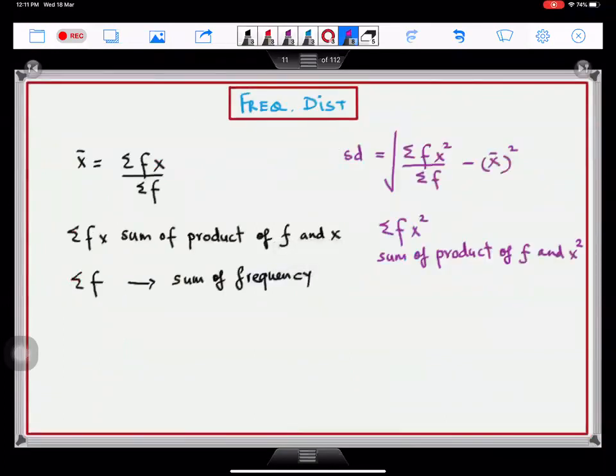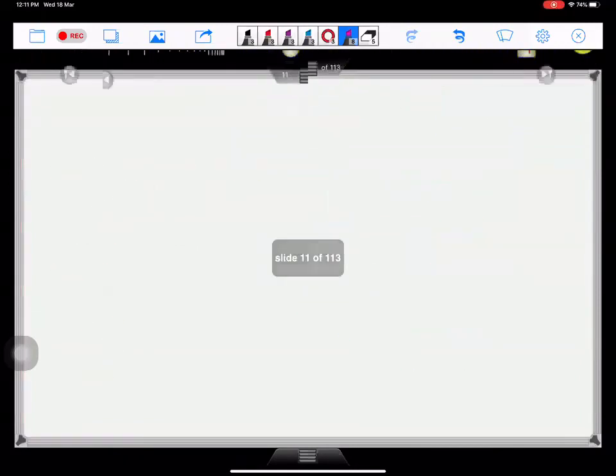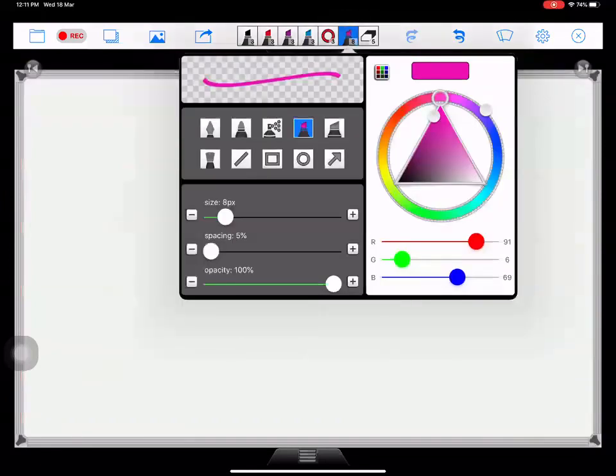Frequency distribution: mean is sigma fx over sigma f. Standard deviation: sigma fx square over sigma f, and so on. What is sigma fx square? The sum of the product of f and x square. Keep in mind that sigma fx square is not sigma fx the whole thing square. Sigma x square is not sigma x the whole thing square. So there is no such thing as this. Let me remove the misconception.